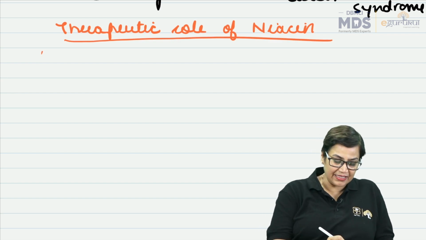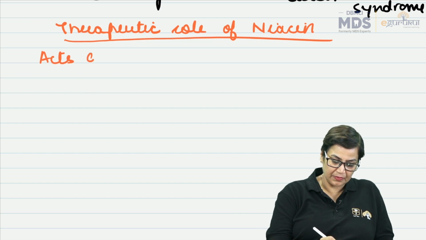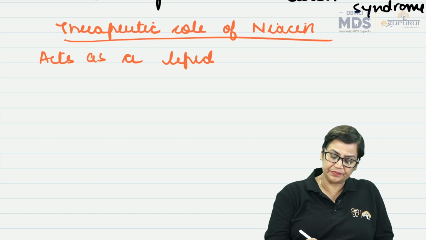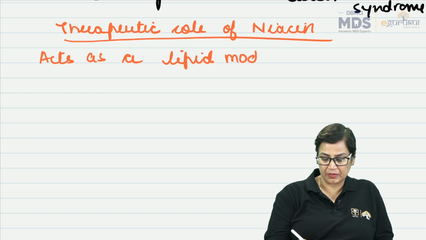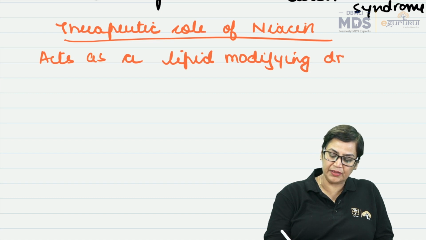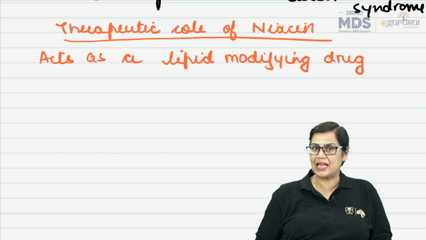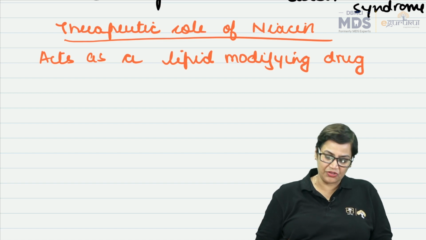Niacin acts as a lipid modifying drug. Very, very important. Now, how does it act as a lipid modifying drug?